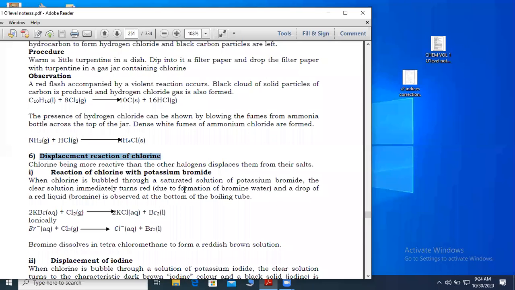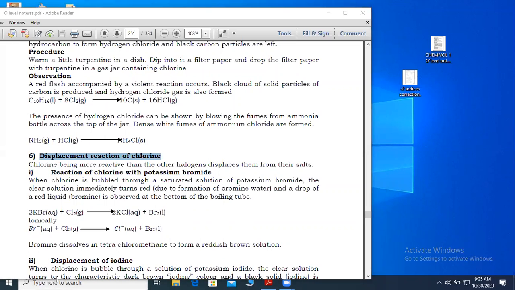So the most reactive element is fluorine, but we shall look at reactions of fluorine in senior 6. Remember what you promised me, that you are all going to do chemistry in A level. So let us meet there, and we shall look at reactions of fluorine in senior 5 and senior 6. But in our senior 3, we shall concentrate on chemistry of chlorine.